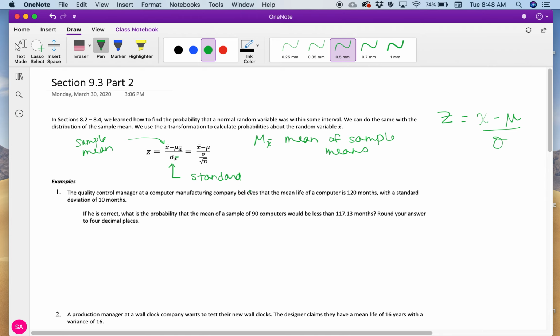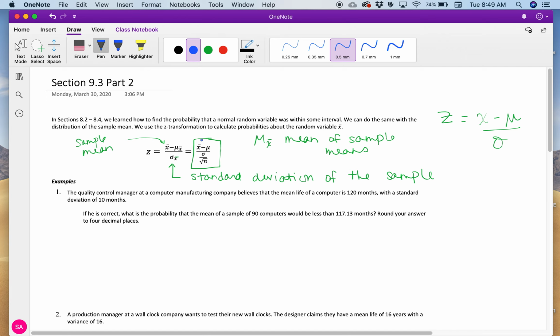I'll make sure that is fixed on the notes, but that's sigma of x bar, and that's the standard deviation of the sample mean. Now you'll notice that we have another equal sign, and this is actually the formula we are going to work with. So I'll explain this part.